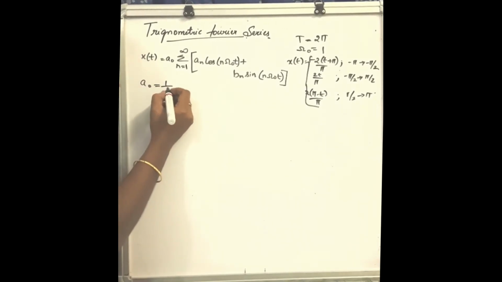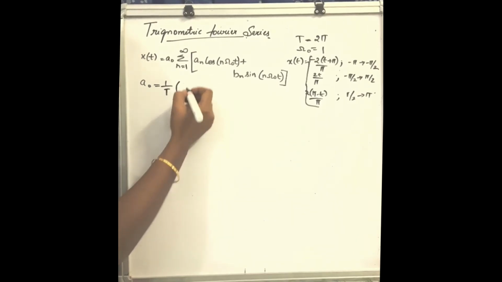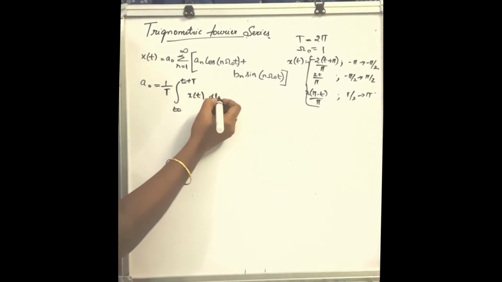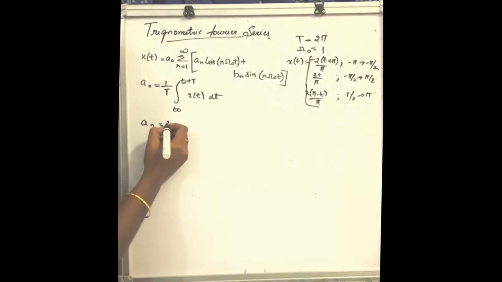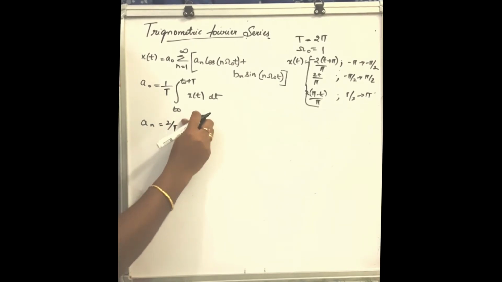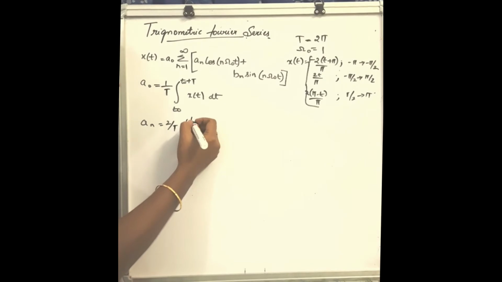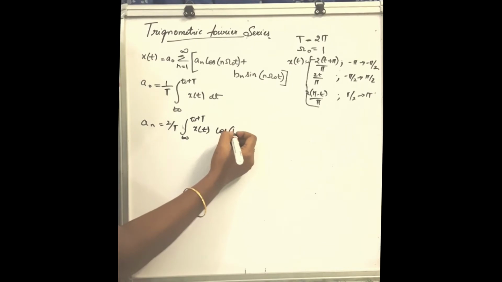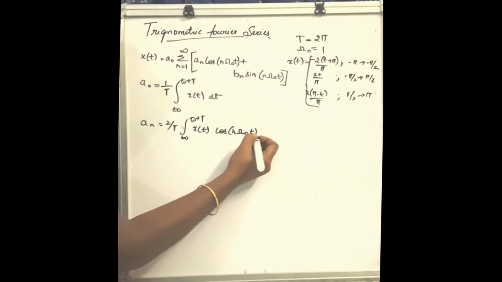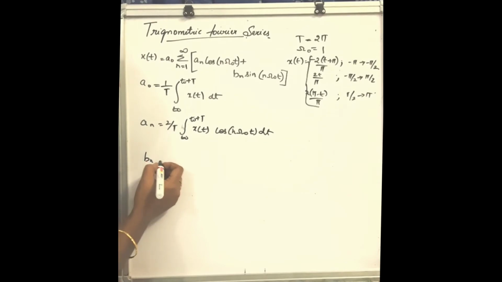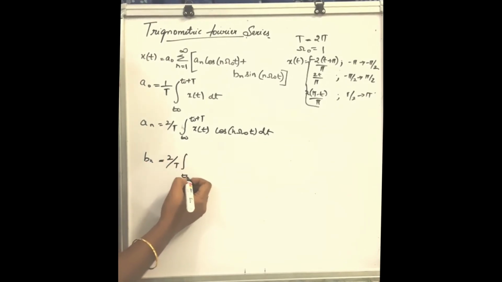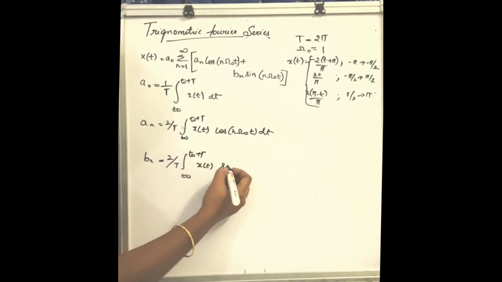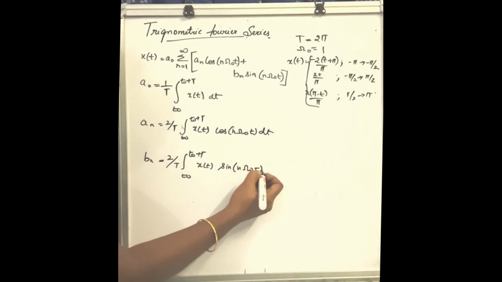To find a naught, you have to use the formula 1 by T integral from t naught to t naught plus T of x of t dt. a n is equal to 2 by T integral from t naught to t naught plus T of x of t cos n omega naught t dt, and then bn is equal to 2 by T integral from t naught to t naught plus T of x of t sin n omega naught t dt.